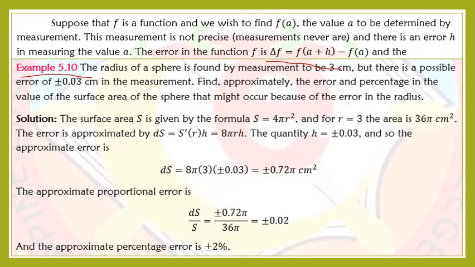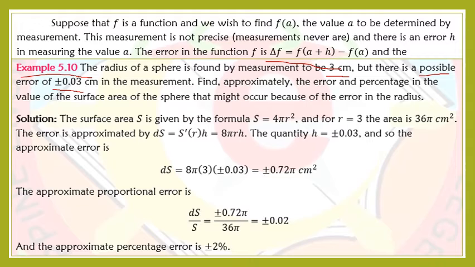Okay. For example, class, the radius of a sphere is found by measurement to be 3 cm, but there is a possible error of plus or minus 0.03 cm. So ito yung possible error natin, or error in measurement. Tapos, yung measured value niya, class, is 3 cm. Find approximately the error and percentage error of the value of the surface area of the sphere that might occur because of the error in the radius.